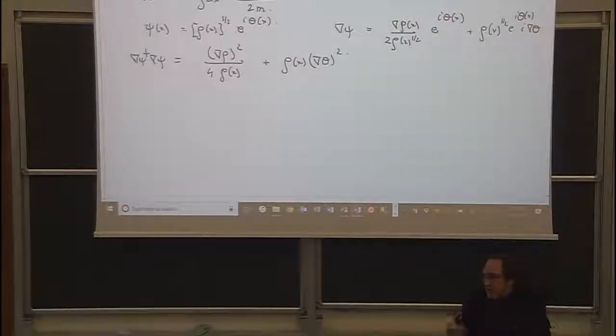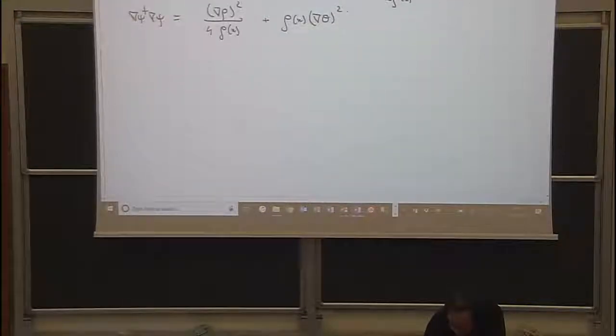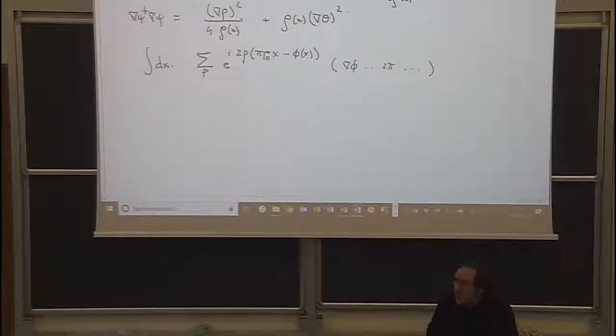And then I will have derivatives of terms of the form sum over p of exponential of i 2p pi rho 0 x minus phi of x, which, when I differentiate, are multiplied by factors like grad phi, by 2 pi, by whatever. And then I integrate this over x, because in the Hamiltonian I integrate.